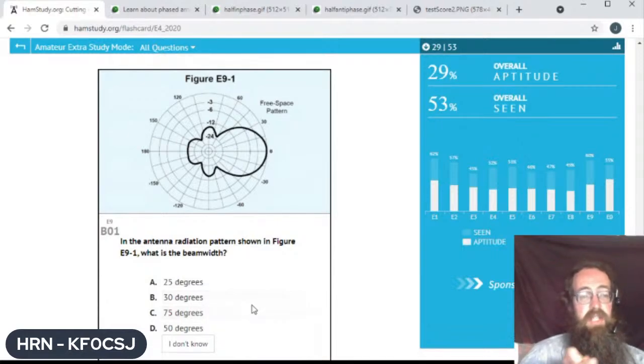Okay, so the same radiation pattern of E9-1, but in the radiation pattern shown, what is the beam width? This is where I'm going to go with 25 degrees.